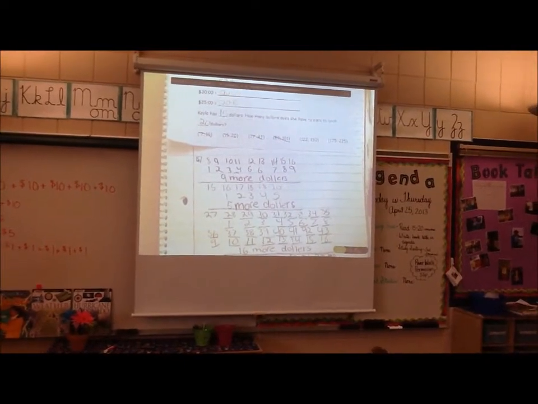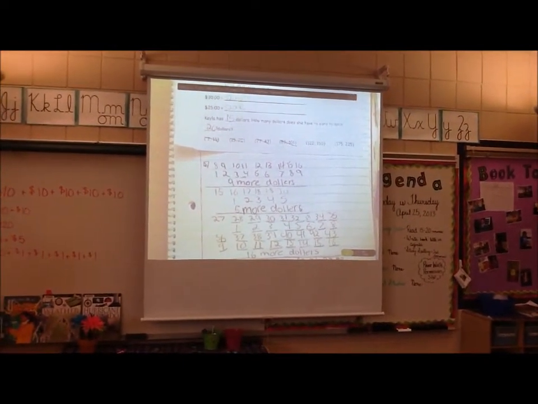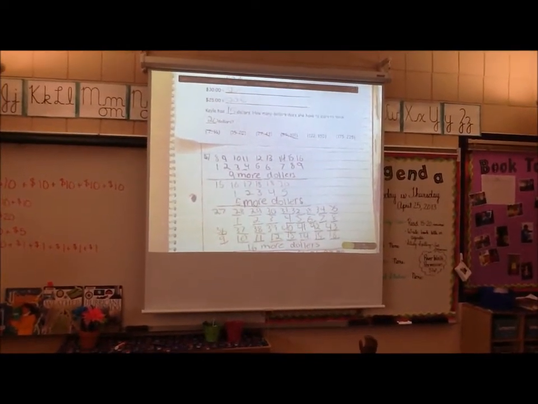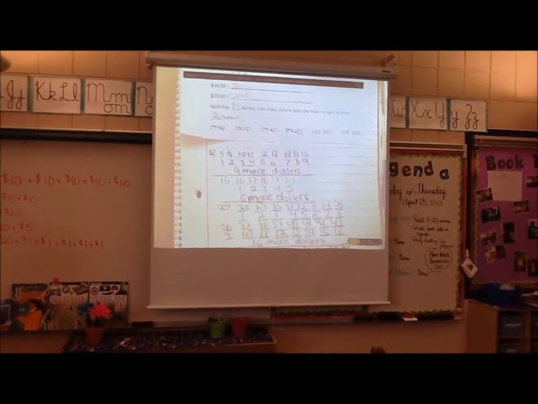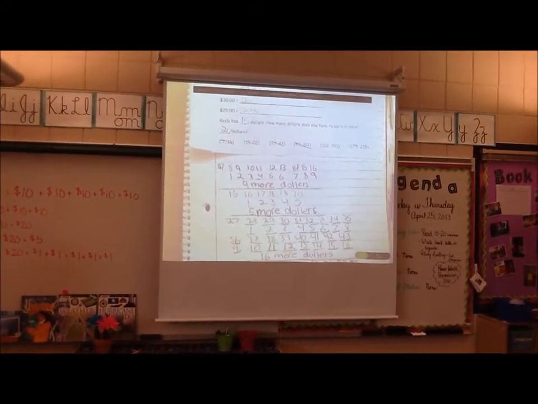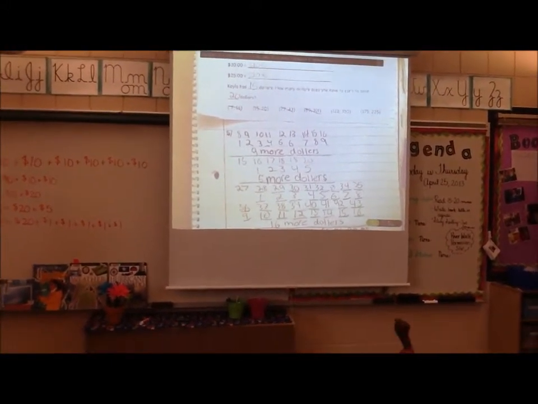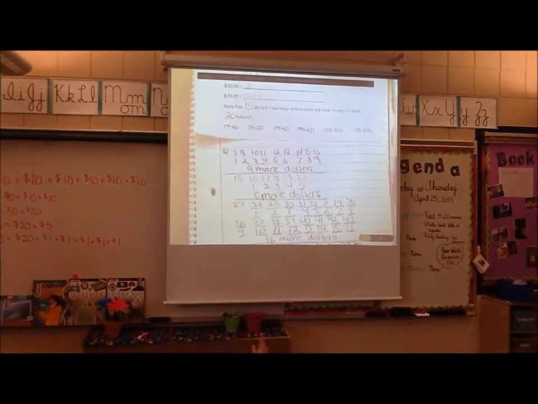So, what did Devontae do for that same number set of 7 and 16? Allison? He started at 7 and went to 16 and then he counted by ones all the way to 9 and then he got $9. Okay, so he would need $9 more to get to $16, right?